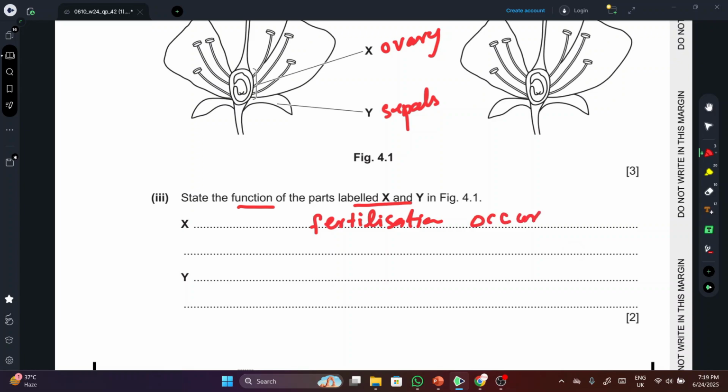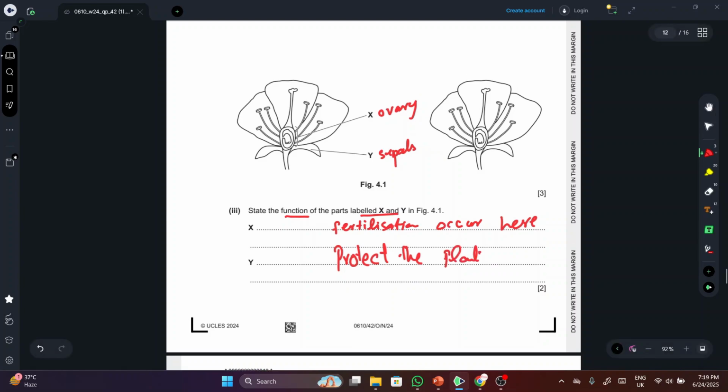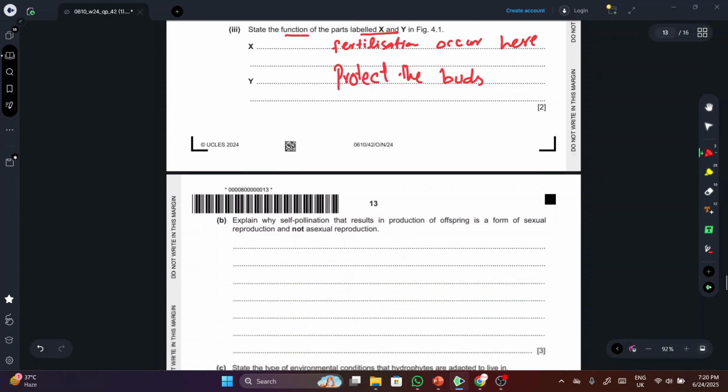And Y is the part which protects the flower when it is not open. When it is in bud form, it protects the flower parts before opening. So the sepals protect the bud when the flower is not open.